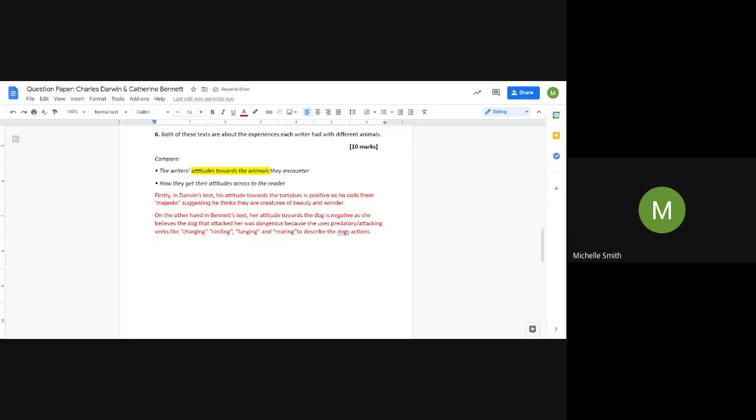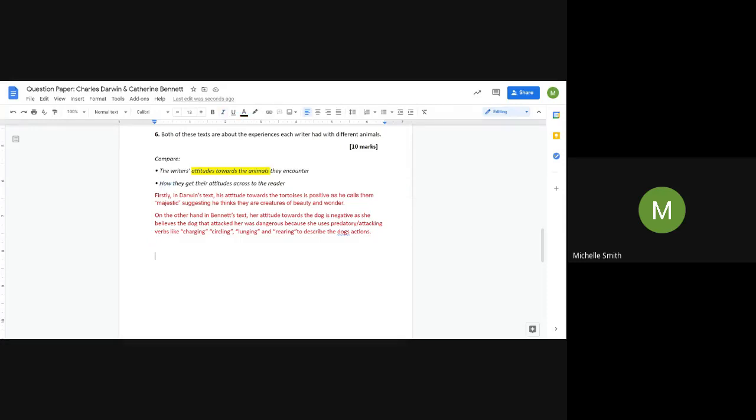So thirdly, in Darwin's text, his attitude is that the tortoises are incredible, or they're huge, and he uses facts and statistics to show us this. I think he talks about it amusing them. It was a curious spectacle when they went to the spring to drink, or something. So look at the words that he's using, because that will help you with the how bit.